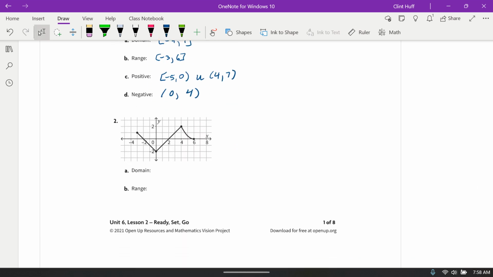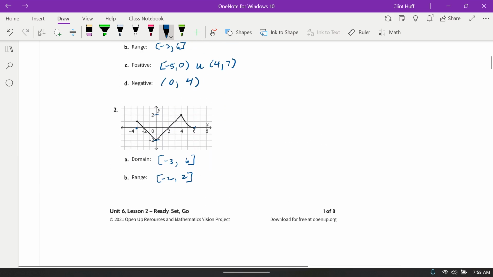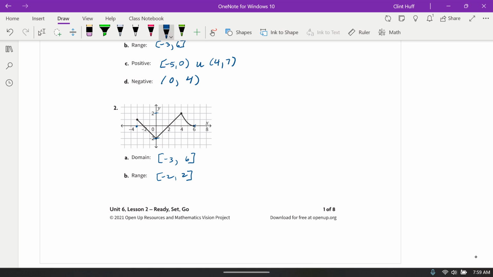All right, on the next one, the domain goes from here, which is -3, over to there, which is 6. And the range goes from down here, which is -2, up to here, which is +2. And I'm going to, scrolling down is where positive and negative are. I'm going to put those here.